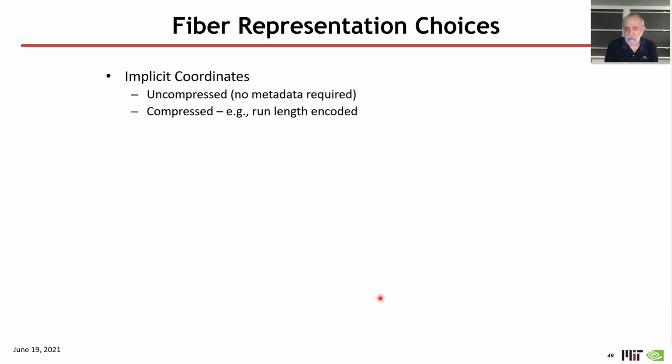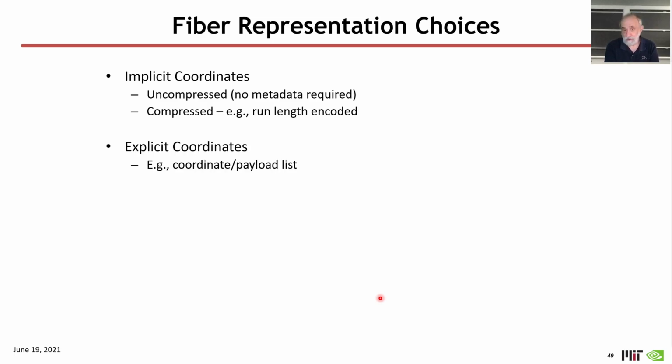In that array representation before, which you might call an uncompressed representation, we never had to explicitly specify the coordinates, so there was no metadata required. However, there's another representation where the coordinates are implicit, which would be compressed, for example, by using a run length encoding. So both of those are examples of representations where you don't actually see the coordinates in the data.